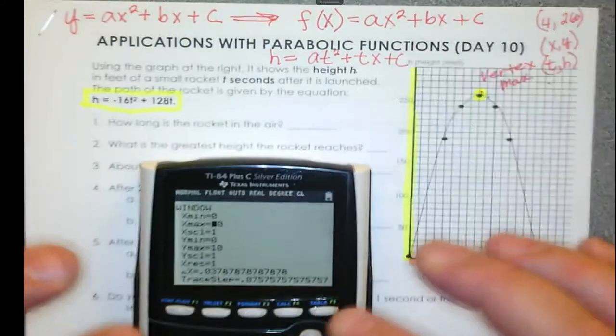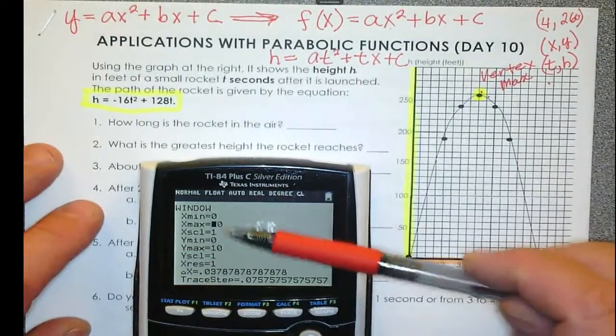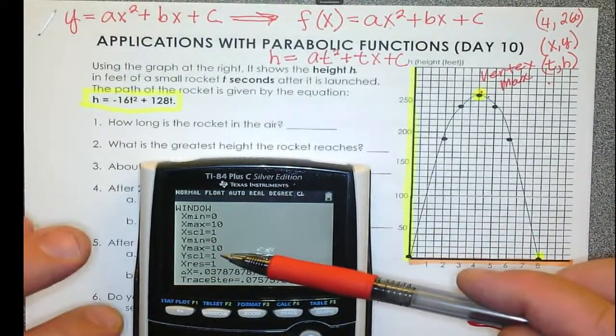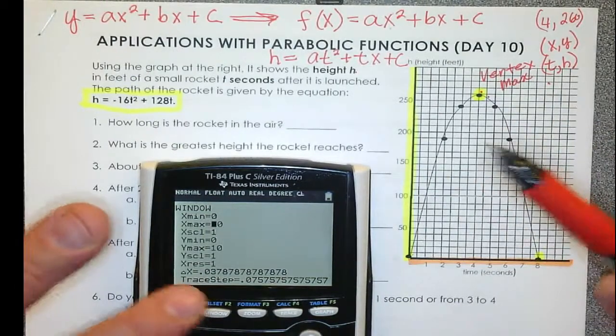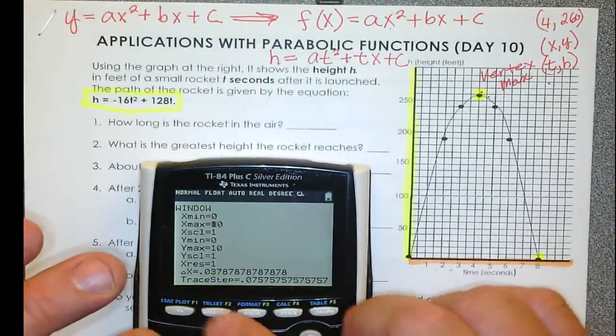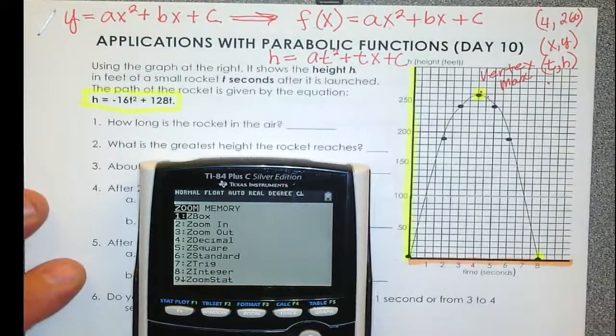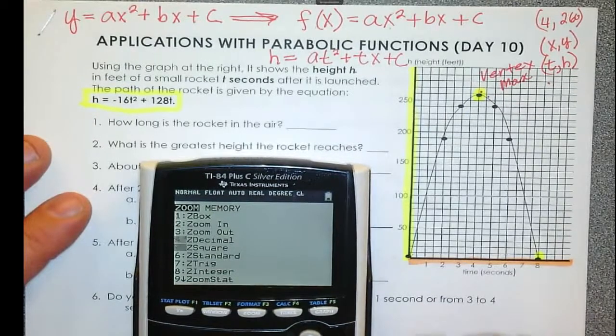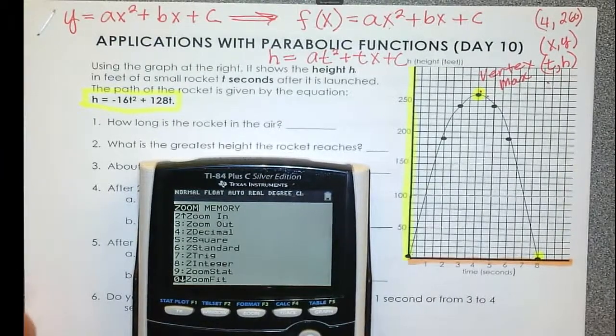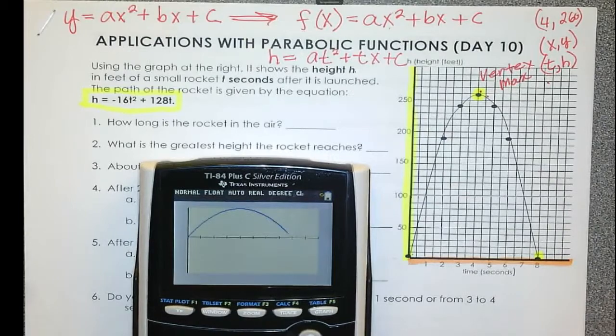Go ahead and set your x max and go to zoom. You could either scroll down, and it's got this thing called zoom fit, which is the number 0. Or you could just punch in 0 and hit enter, and it puts a best fit window in there. And lo and behold, look what we have.